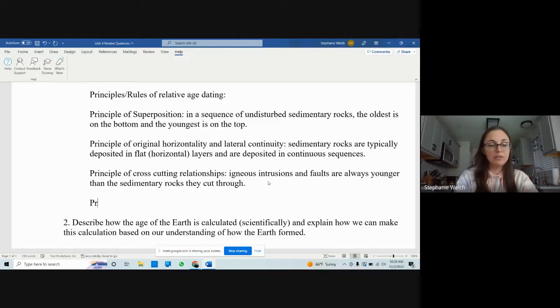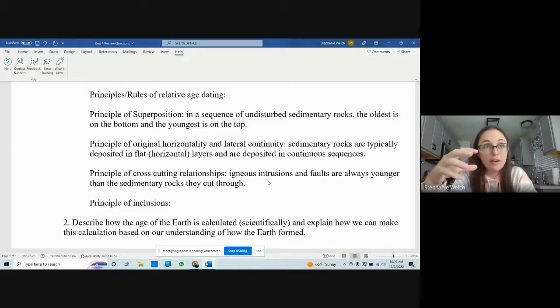The principle of inclusions, the next one. Sadly, inclusions and intrusions sound really similar, but they actually mean opposite things. An intrusion is a new rock that is being formed within some sequence of sedimentary rock. So it, by definition, has to be younger.